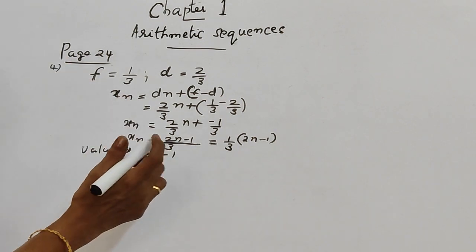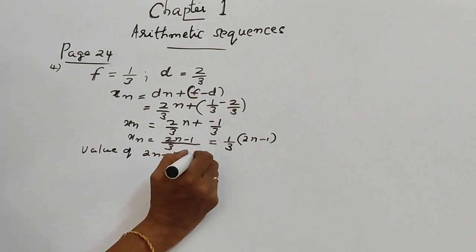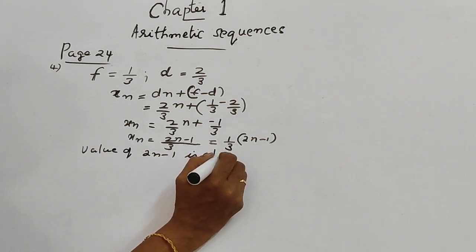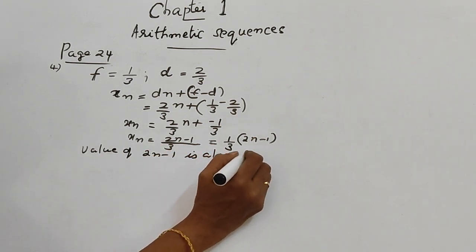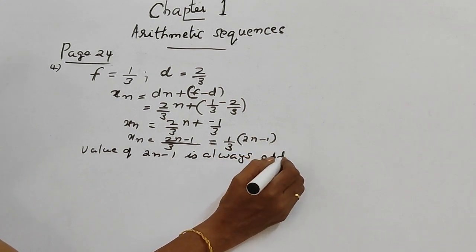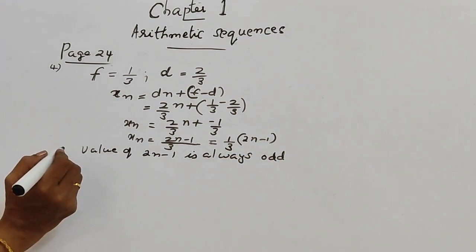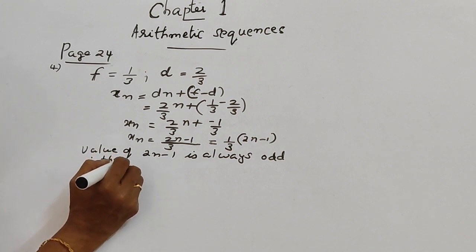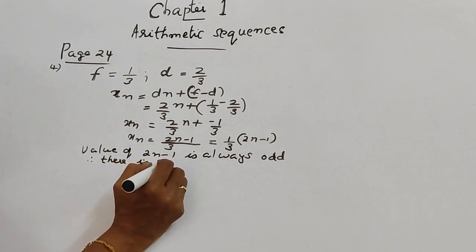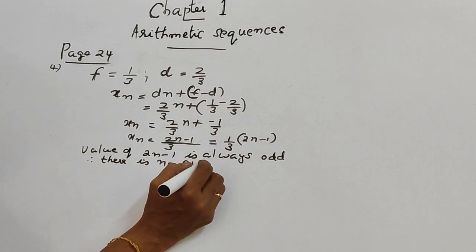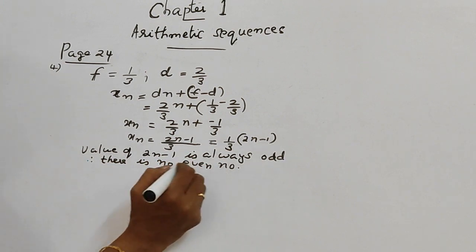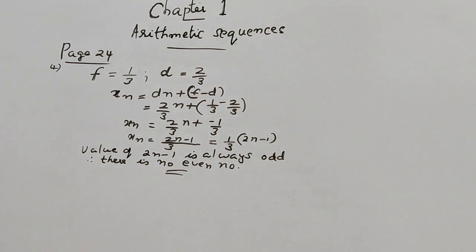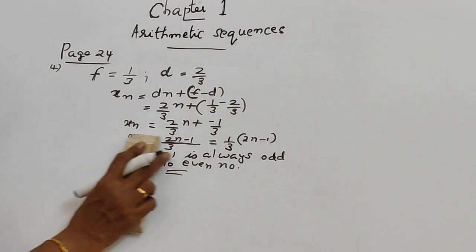We have studied earlier, 2n minus 1 is always odd. Therefore, no even number occurs. In this sequence, there is no even number. Okay. Fourth question over. Now, fifth question.